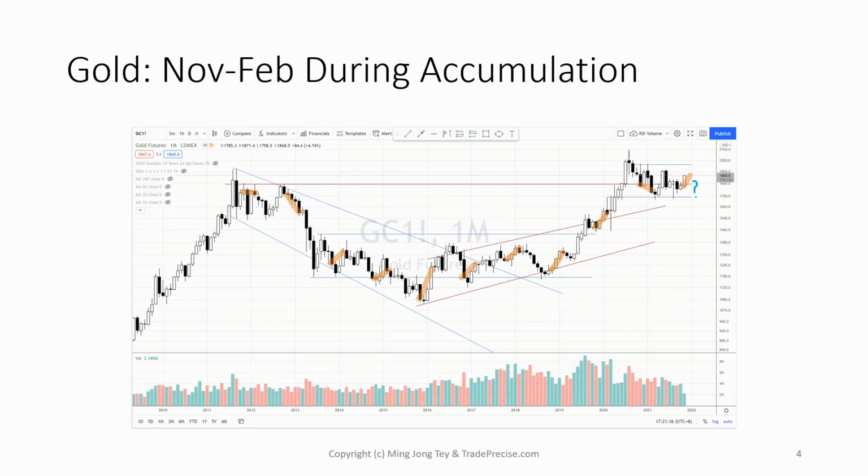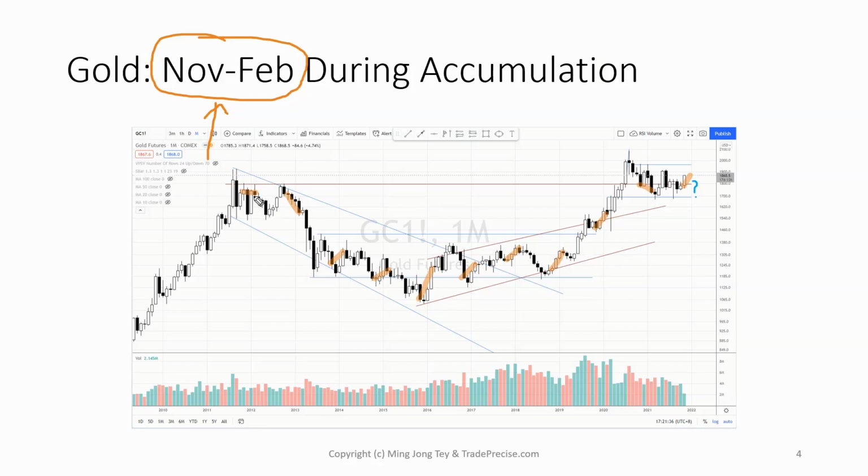Okay. So during this, we just want to find out a bit more about the bullish season, November to February, because I don't really want this bullish season to work only during a bull run or a very strong uptrend. I just want to see what happens in a sideways market.